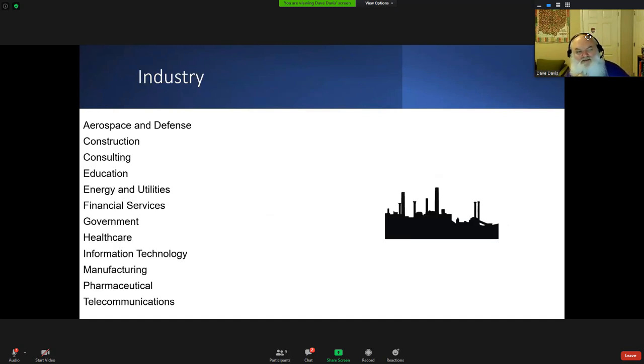Industry, this is a list right now that PMI has with industries, but as we all know, it's subject to grow. It probably will. You notice that there's some, like information technology, probably spans all these different types of industries, but there are a lot of specific things for IT. So they broke that out as its own quote industry.